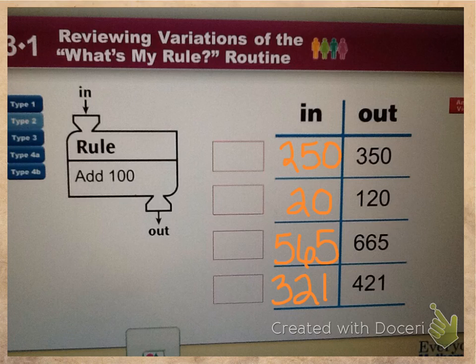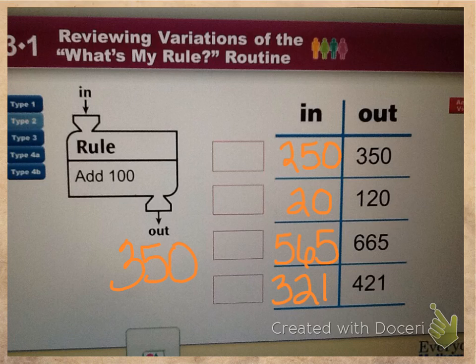We're given a rule, and so we kind of have to work backwards in this situation, because if you had not seen all of my answers, you would have to try to figure out how we would get 350 coming out of our machine if we add 100. So in essence, we're working our way backwards and we are subtracting 100 even though the rule is add 100.